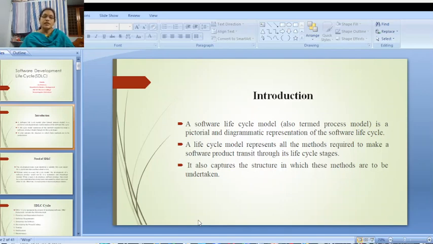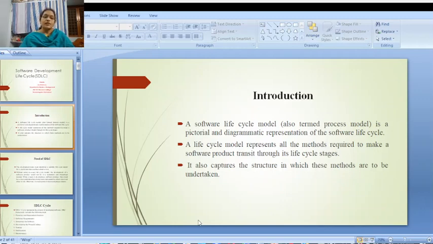All these stages are performed in SDLC. Adhering to the SDLC process leads to the development of software in a systematic and disciplined manner.